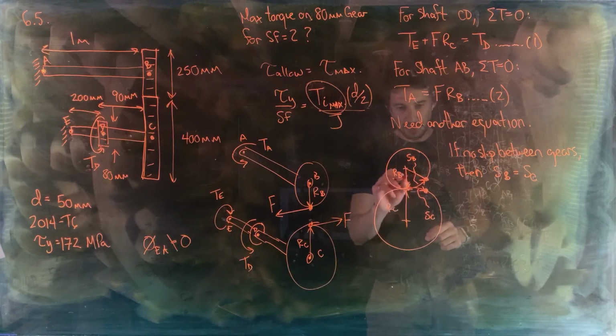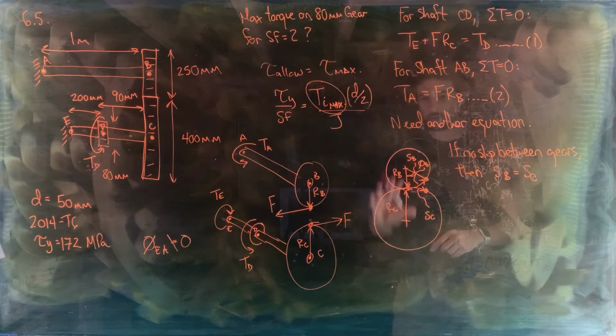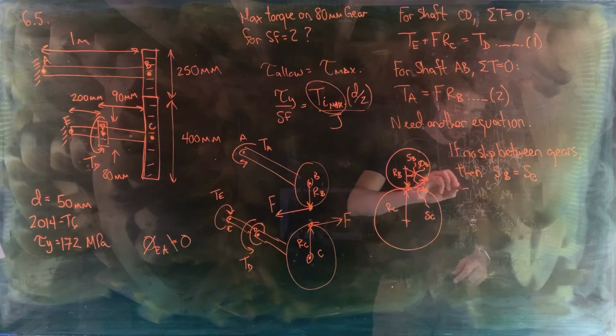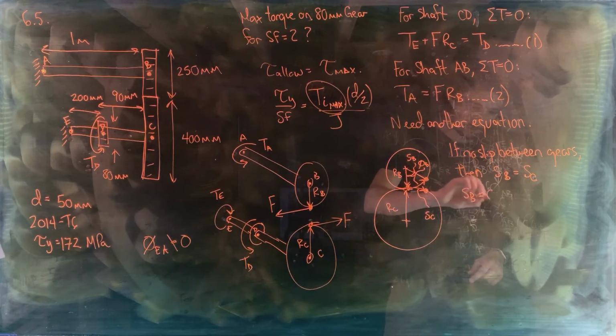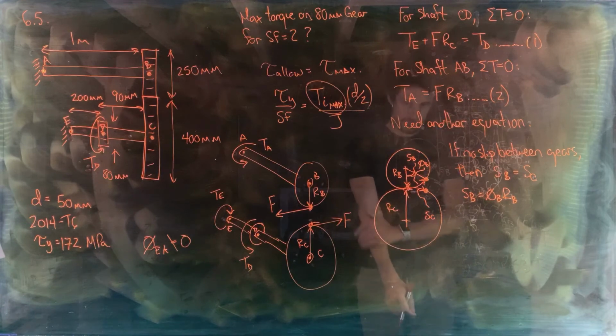So this angle here we'll call phi B, for the angle that gear B twists through, and SB has to be equal to phi B multiplied by RB, if we're dealing in radians, okay?